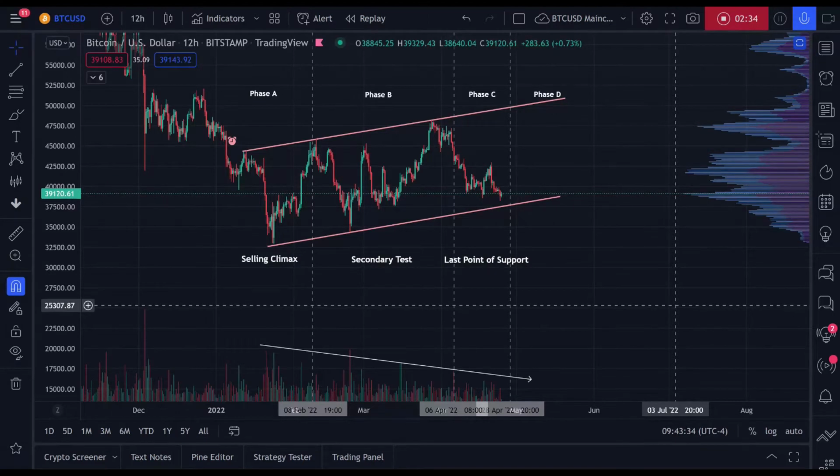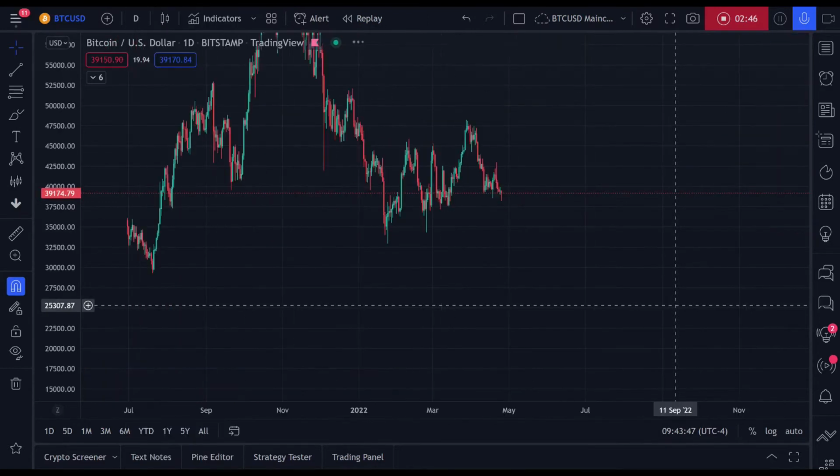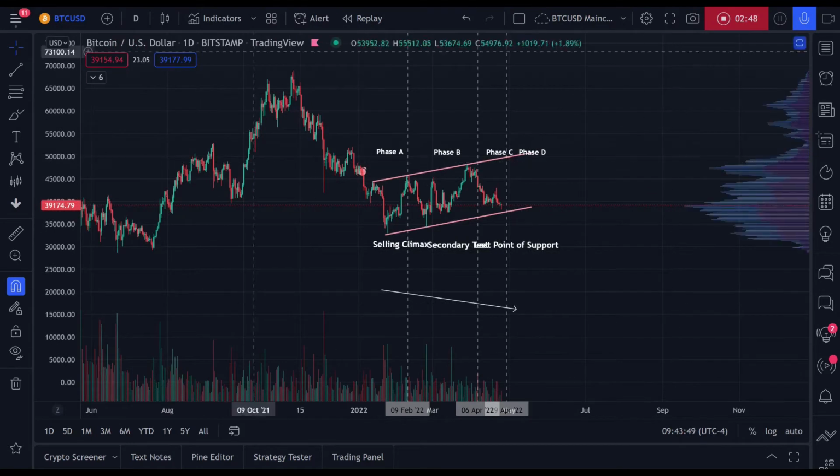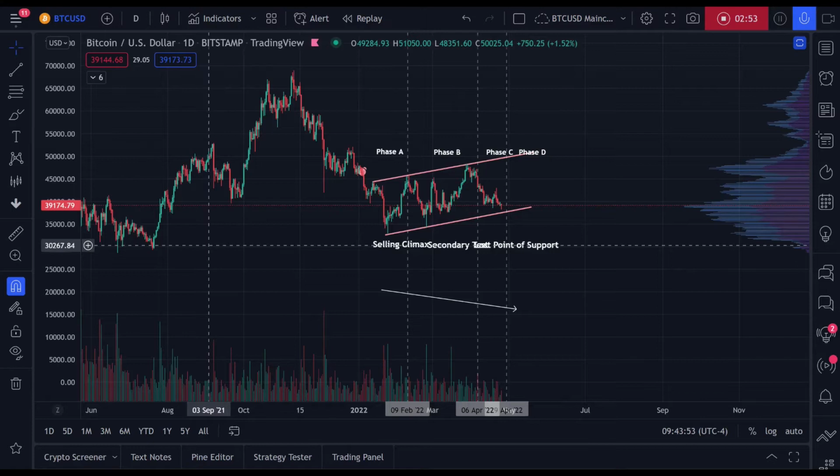So on large time frames, what state of the market are you in? We've ascertained that given our big downtrend, our 73-day downtrend, we are in some sort of accumulation, okay?